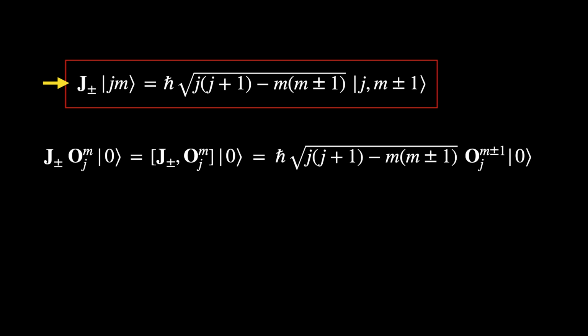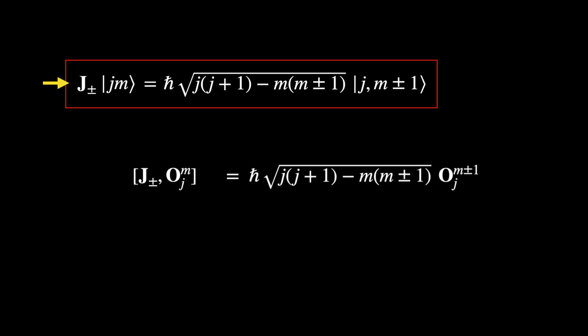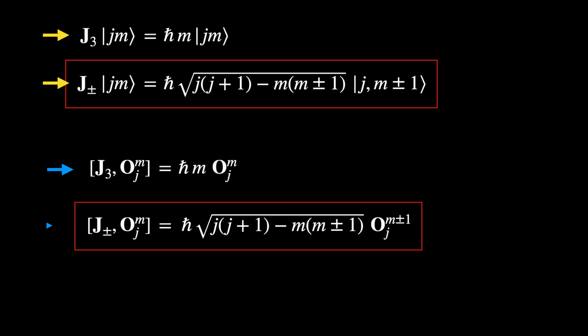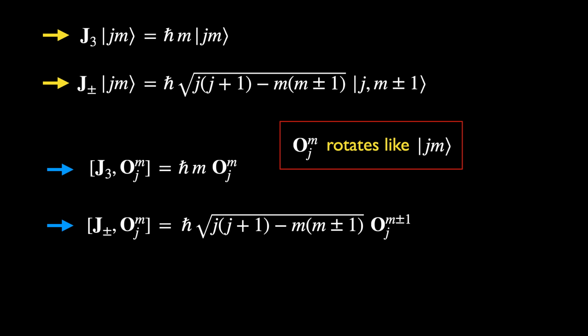These two states are analogous. Once again, we can see this as a condition on the commutator. These commutation relations are what we meant when we say OJM rotates like the state JM.